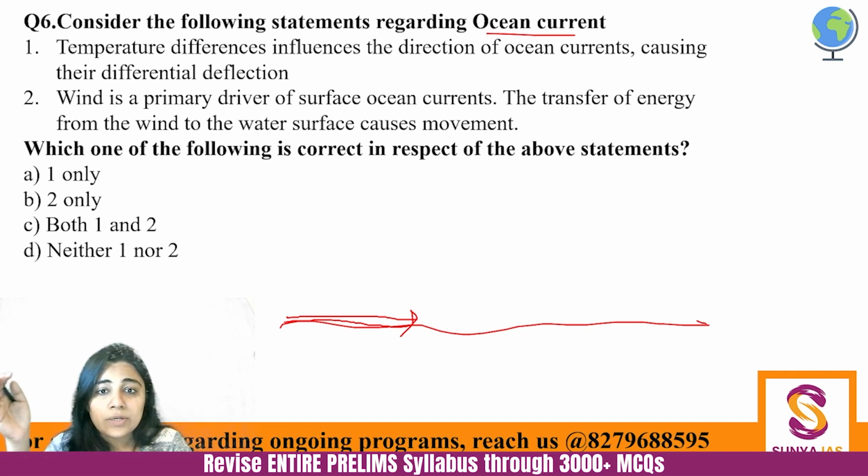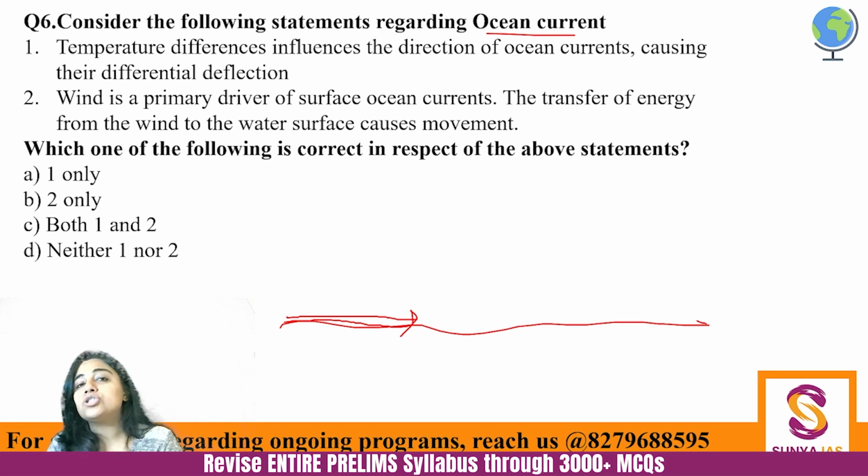Rivers mostly flow above the ground, so we are able to see them on the ground. But just visualize that water is moving in a certain path on the ocean as well. So it is an ocean current, and that happens because of pressure and temperature differences.